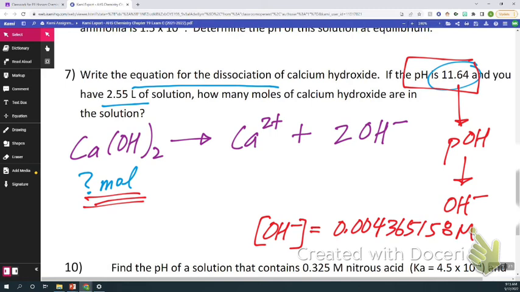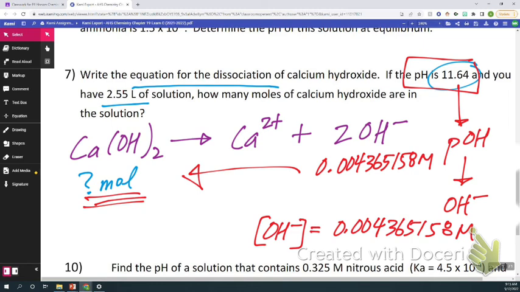But here's the thing. If you have that much OH-, which is this, right? If you have that much OH-, you're going to get half of that of Ca(OH)2. If you have that much OH-, you actually started off with half of that of calcium hydroxide.